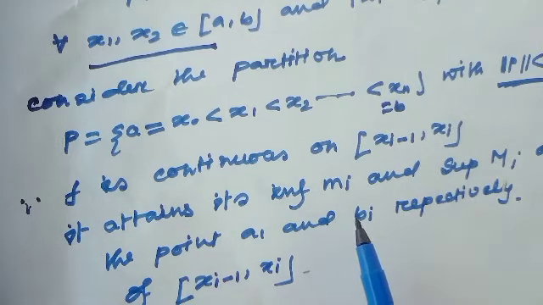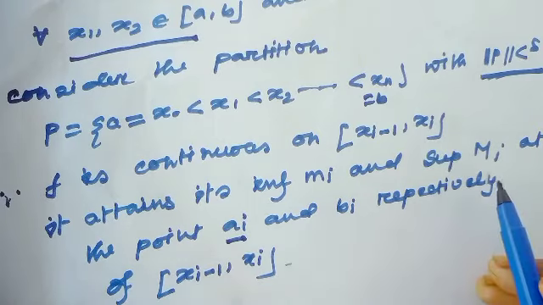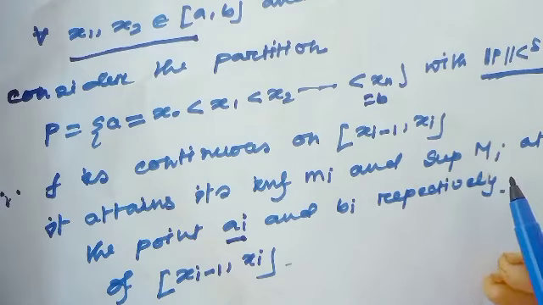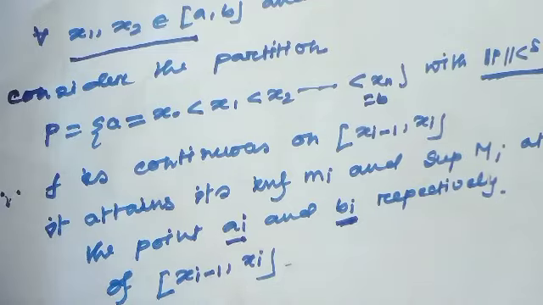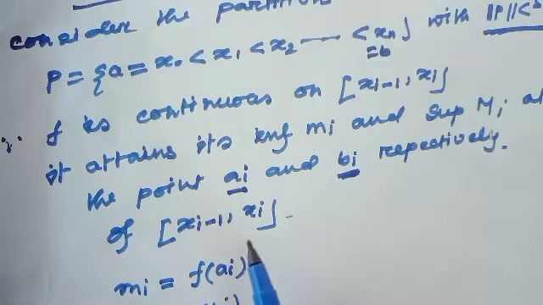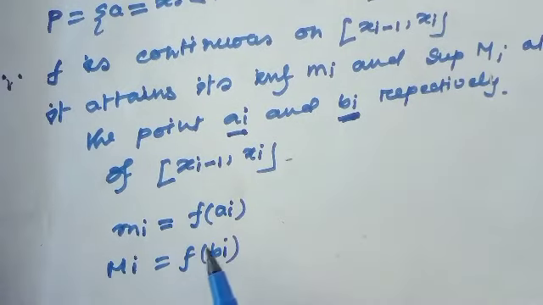Obviously it has a maximum and minimum. Consider that the function has a minimum at the point ai and a supremum at the point bi on the subinterval x(i-1) to xi. That means small mi equals f of ai and capital Mi equals f of bi.